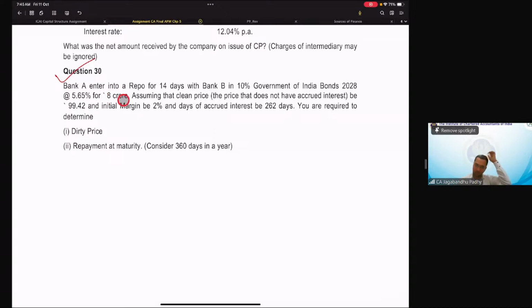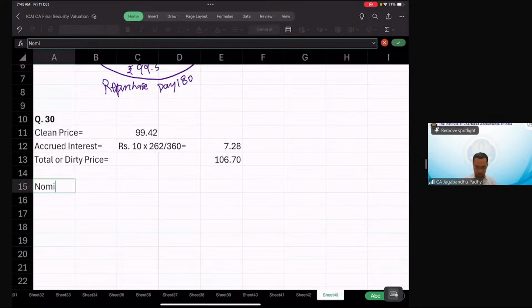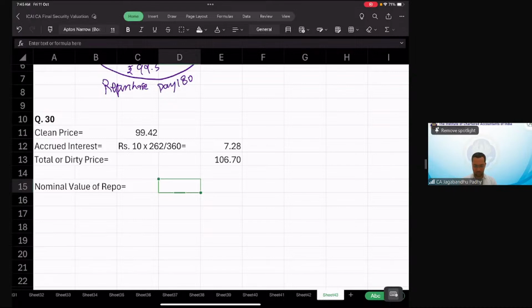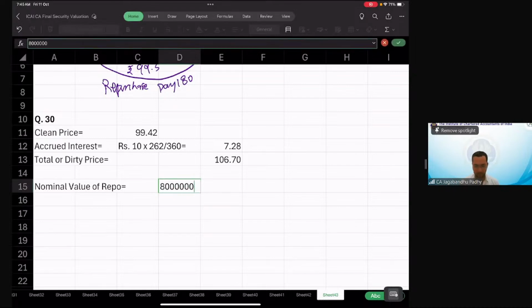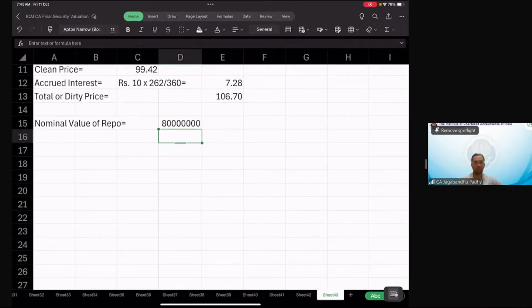So the nominal value of the repo transaction is 8 crores.